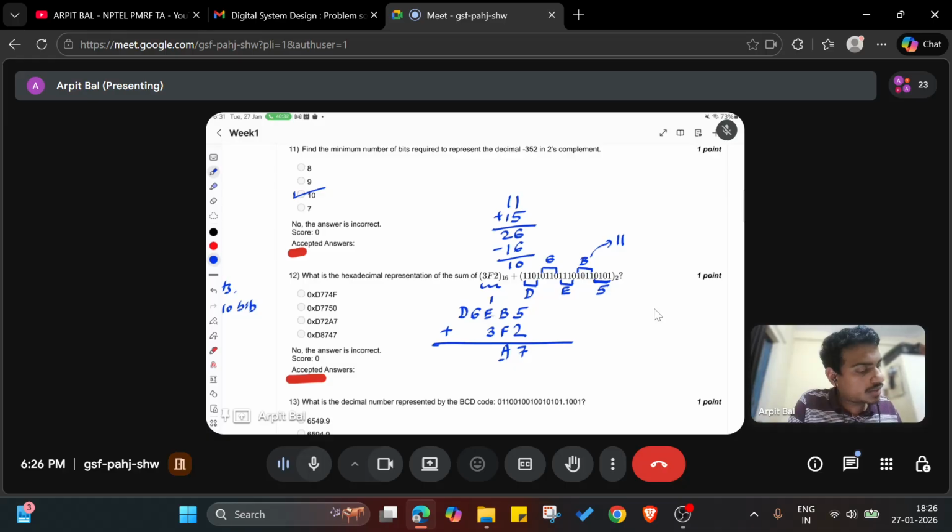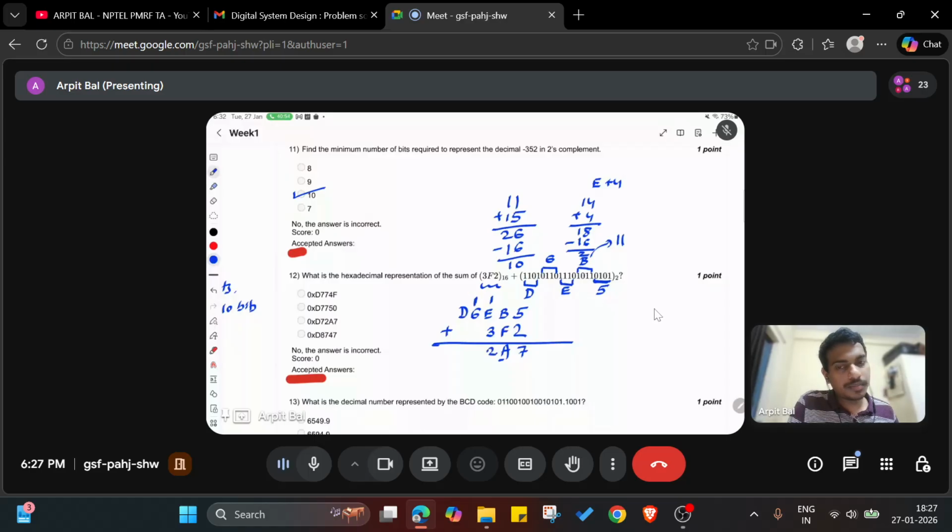Okay, so what is the next symbol? E plus 4. What is E plus 4? E is basically the number 14, plus 4, that is 18. If I carry one, then I subtract 16 and I will be left with 2.